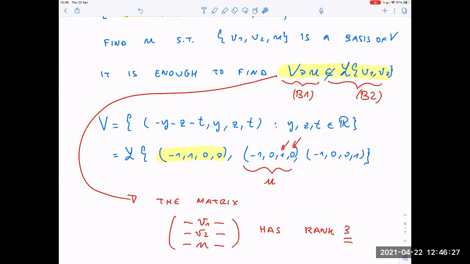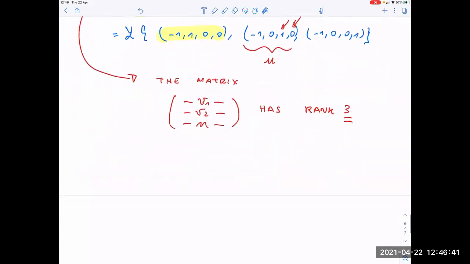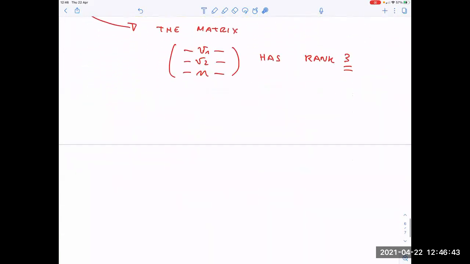Okay. So a basis is given by V1, V2, and this choice of U. If you don't have questions about how to do this and how this works, let's move to something else.